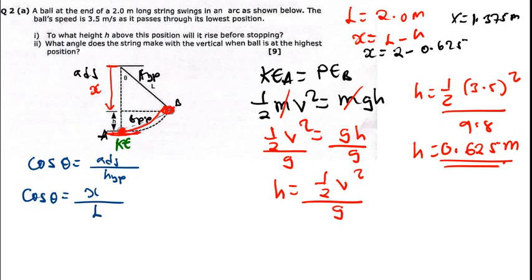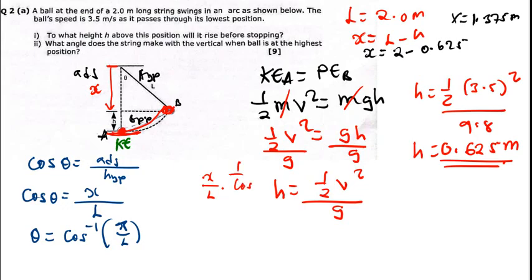Now my goal is to find theta. I'll divide both sides by cos. So therefore theta will be equal to cos inverse of x divided by L. I want you to know this: when I divide this side, it will be x divided by L times 1 over cos theta.